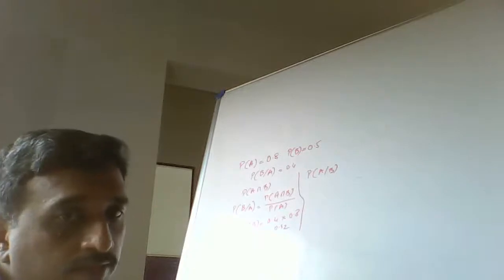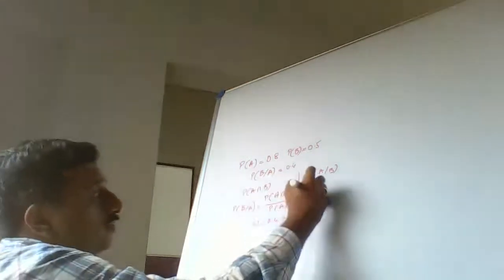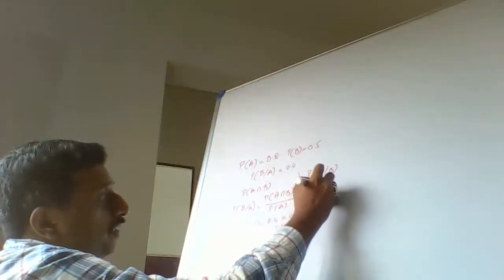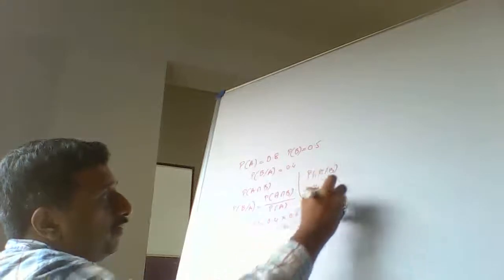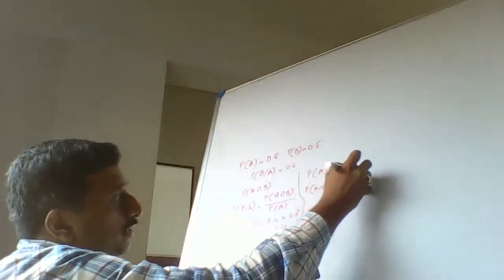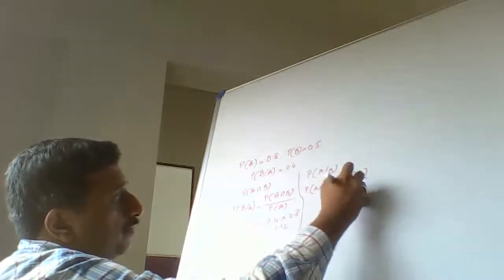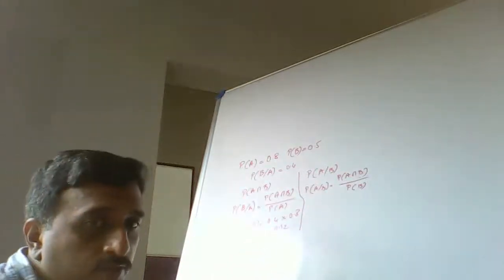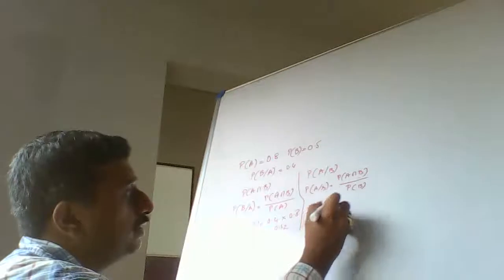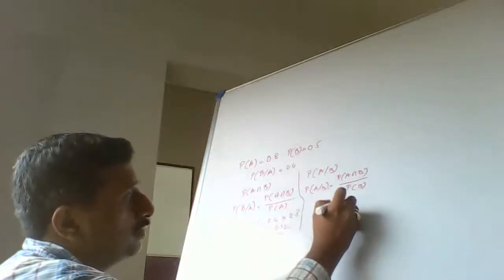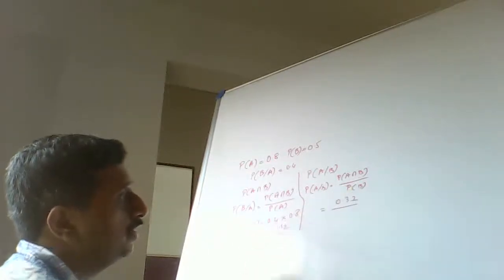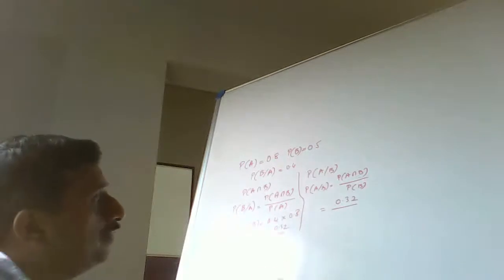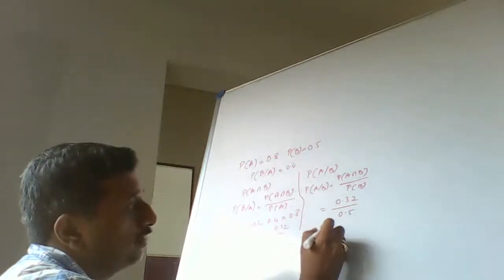Now let us try to find what is P of A given B. That is P of A intersection B by P of B. Let us substitute it. So we have this as 0.32 and P of B, which is 0.5.